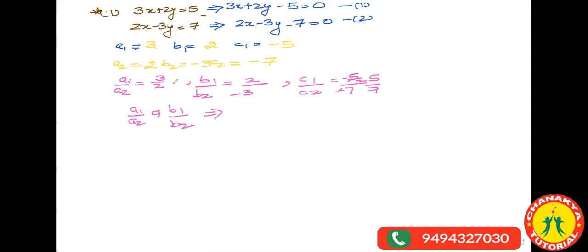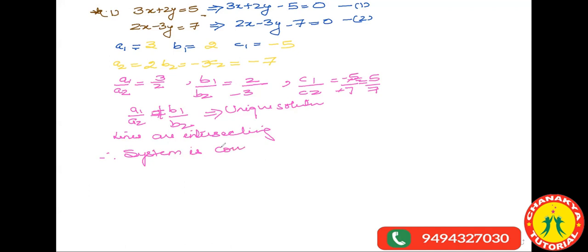A1 upon A2 is not equal to B1 upon B2, so in this case the lines will be intersecting. If lines are intersecting, that means there will be a solution, a unique solution. Therefore, the system is consistent. Understood? Yes, ma'am. Aryan, Abhinav? Understood? Yes, ma'am.